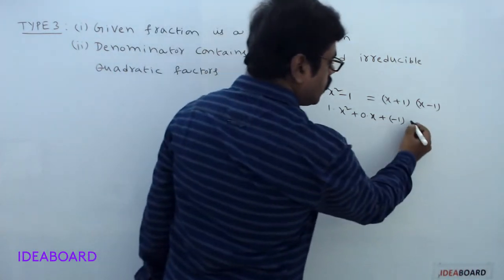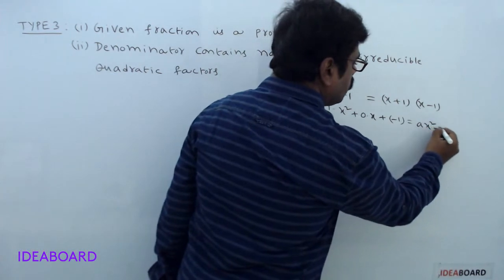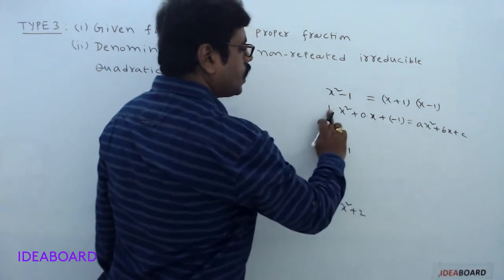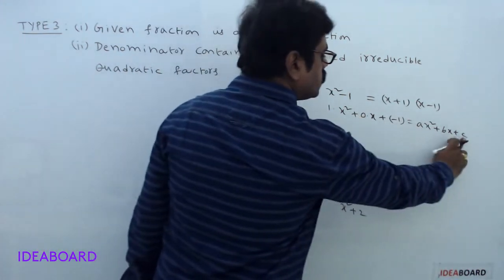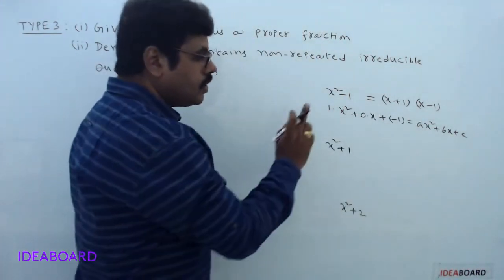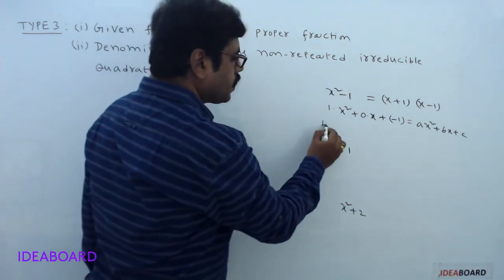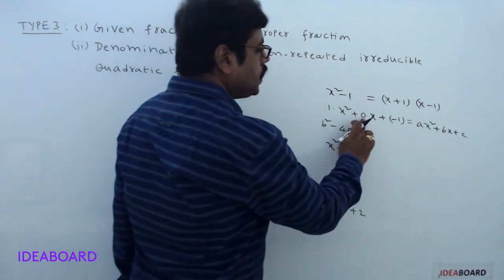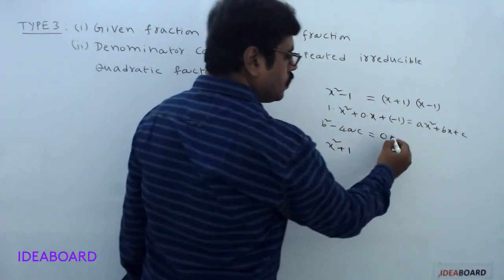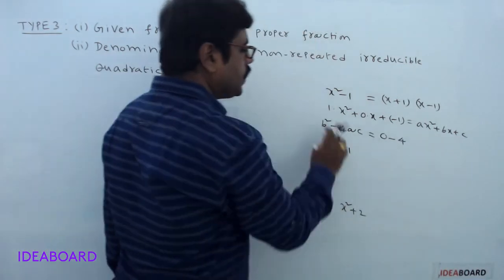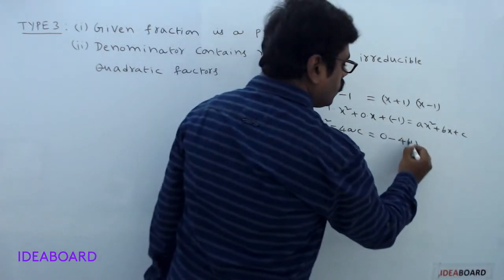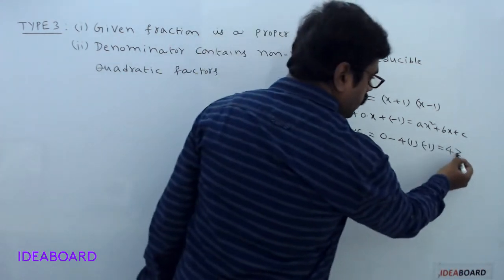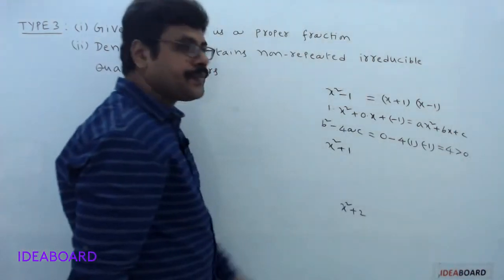Clearly it is in the form of ax square plus bx plus c: a value 1, b value 0, c value minus 1. Calculate the discriminant, b square minus 4ac. b square is 0 square, 0, minus 4 into a into c, 1 into minus 1. Finally it will be 4, greater than 0.